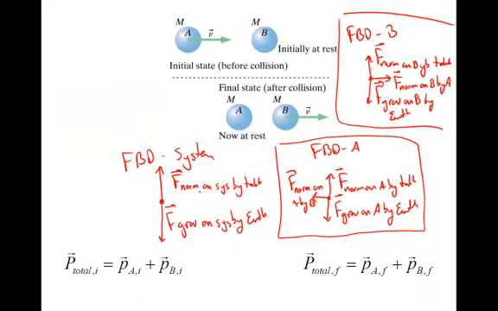The normal on the system then, by the table, is simply the sum of this force and this force. And then the gravitational force on the system by the Earth is simply going to be the sum of that force plus that force.